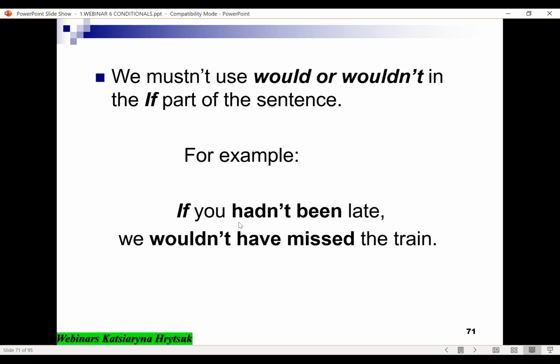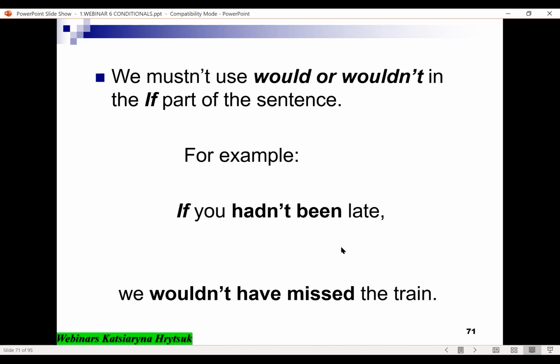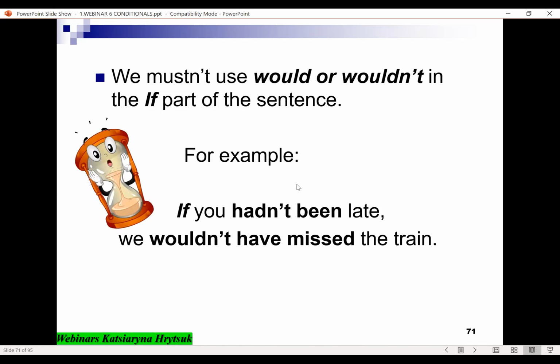So here always hadn't been, hadn't played, hadn't walked, hadn't jumped, hadn't prepared, and main clause always would, have, and verb 3, or with ed. Okay, so this I really want you to remember.